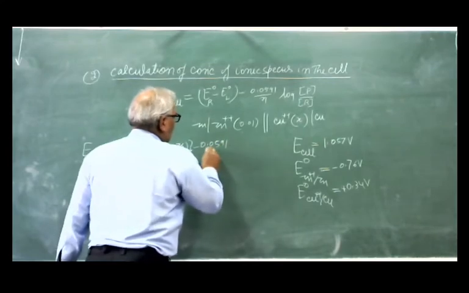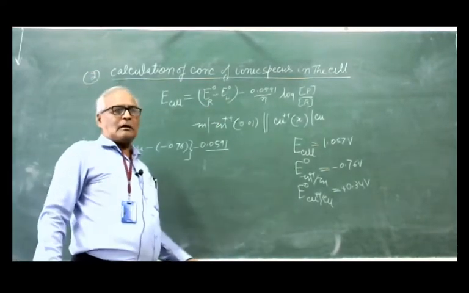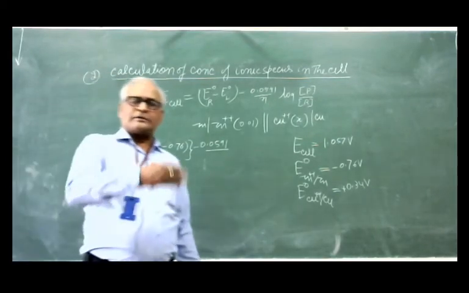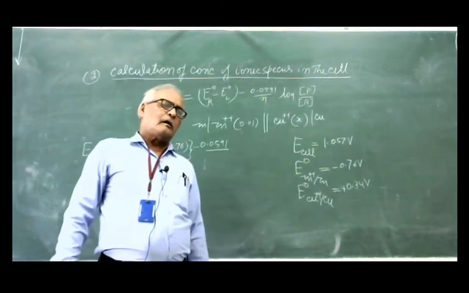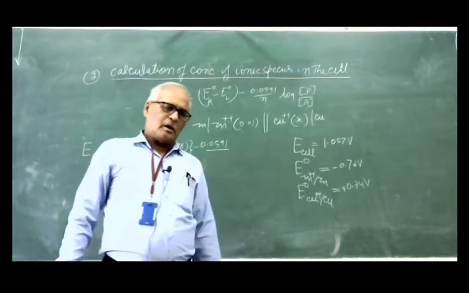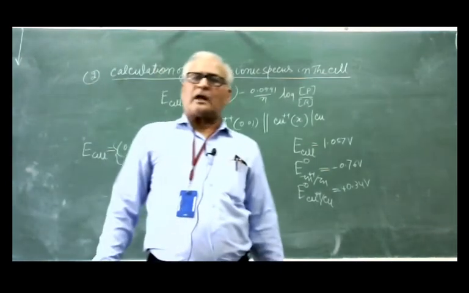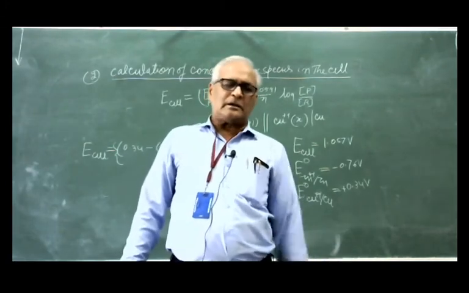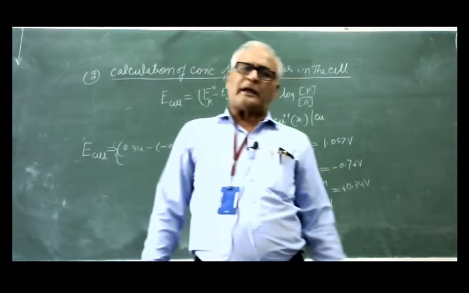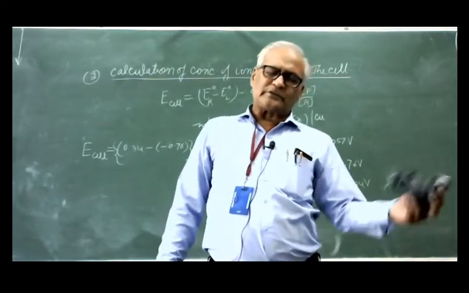0.0591 upon n. What type of reaction is involved? Oxidation reduction. So zinc oxidizes and copper ion is reduced. Two electrons are liberated during the oxidation of the zinc metal into zinc ion, and two electrons are taken by the copper ion present in the second half cell where reduction takes place.